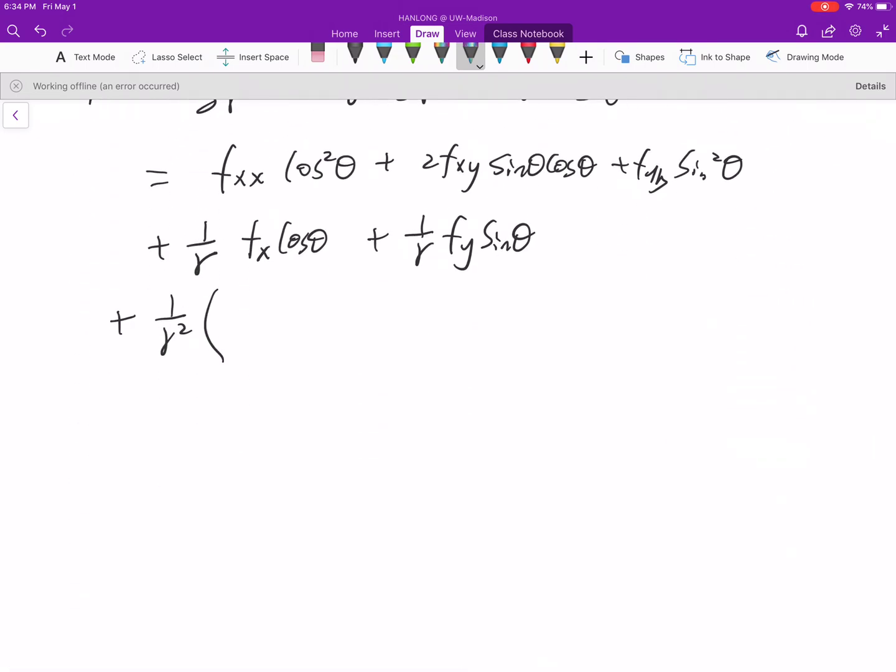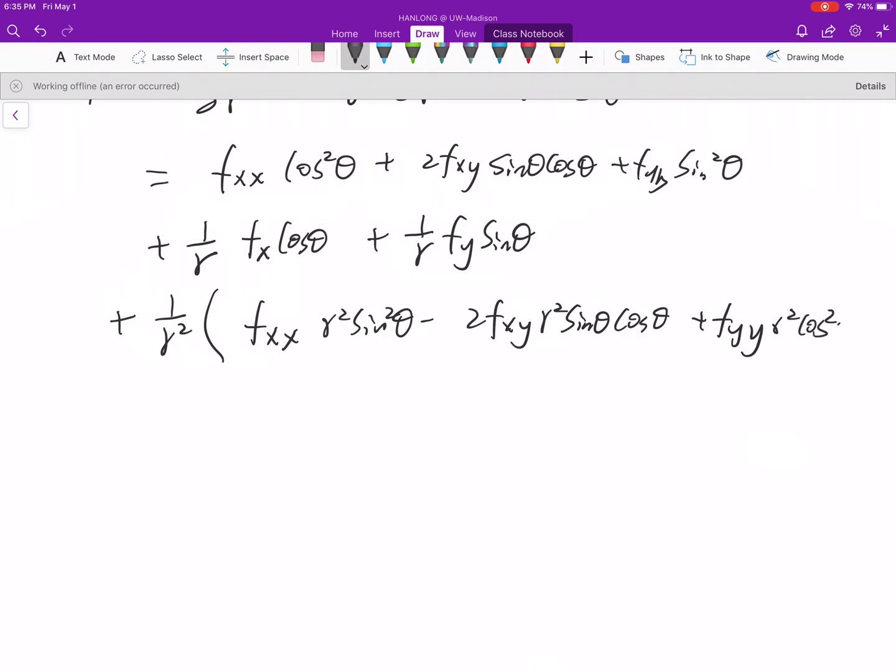You have fxx r square sine square minus 2fxy r square sine times cosine plus fyy r square cosine square minus fx r cosine theta minus fy r sine theta.